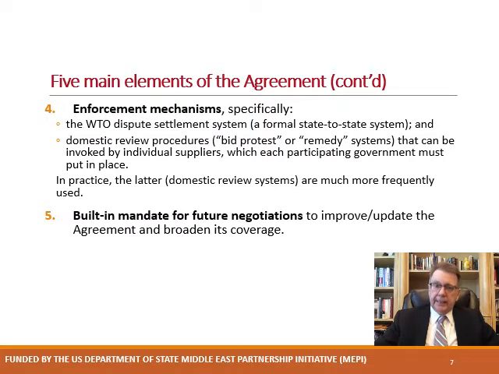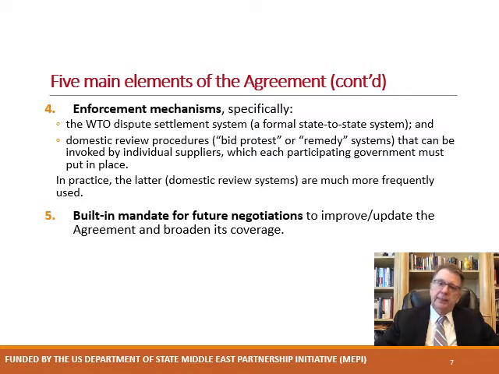Nonetheless, the second enforcement mechanism is much more widely used in practice. That is the domestic review procedures that must be put in place by each participating member government. These domestic review procedures, that's the WTO term for them. In the US, they're often called bid protest systems. In the European Union and some other countries, they're referred to as remedy systems.